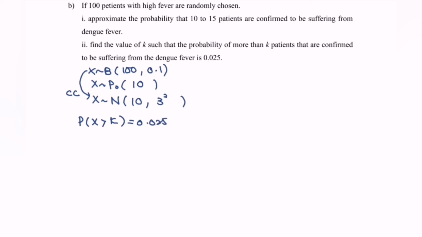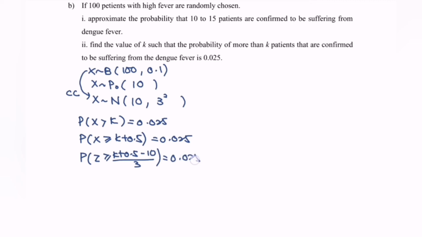So step number one is to have continuity correction for the k, where we have x greater than or equal to k plus 0.5 equals 0.025. Next is to standardize the situation where we have k plus 0.5 minus 10 over 3 equals 0.025.